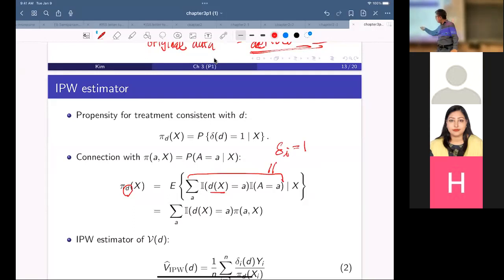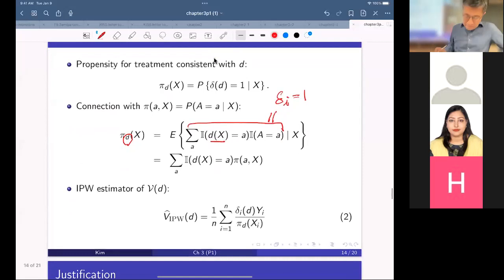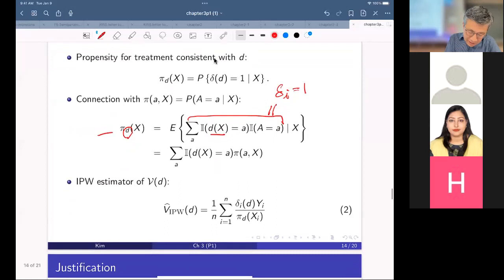I use the notation pi_A(X) because we can think of multiple outcomes, the A's. So this is a really interesting idea: the propensity for delta equal to 1 is derived, not modeled from scratch.